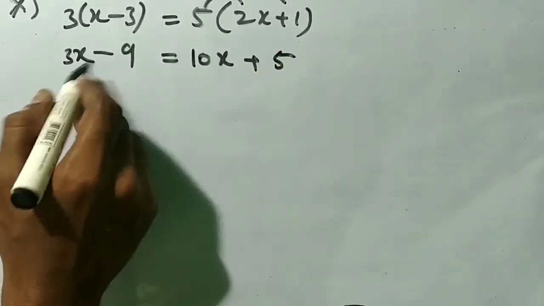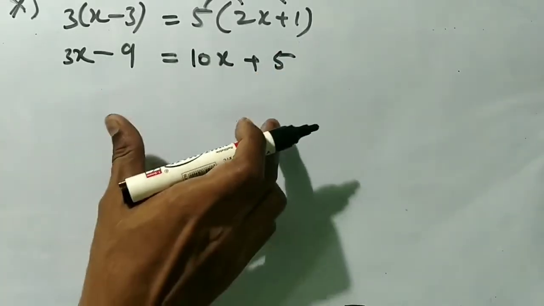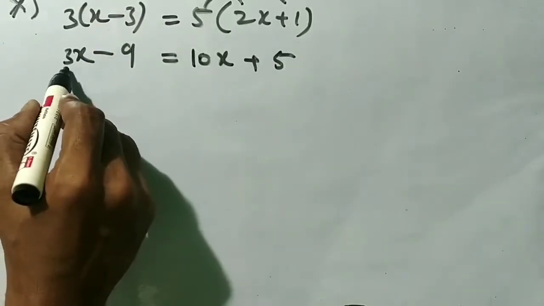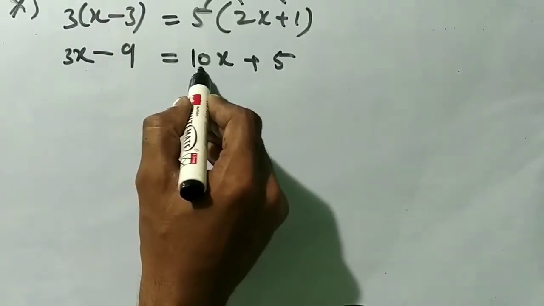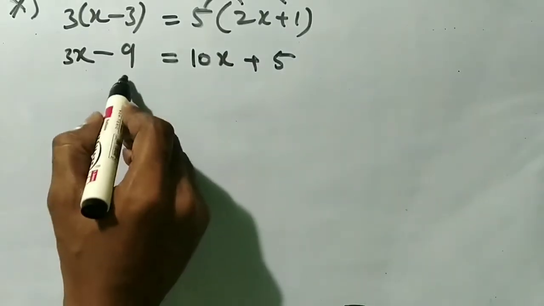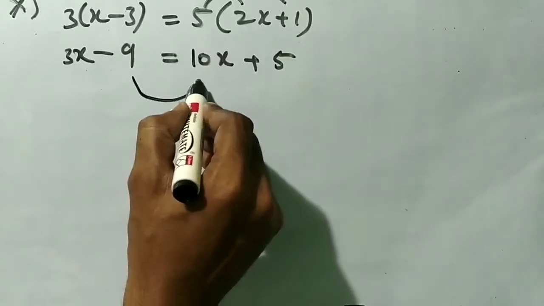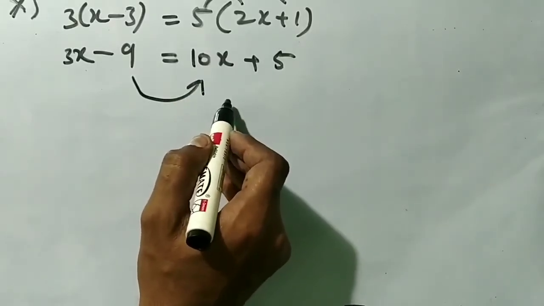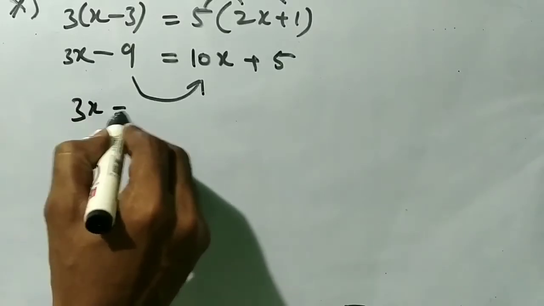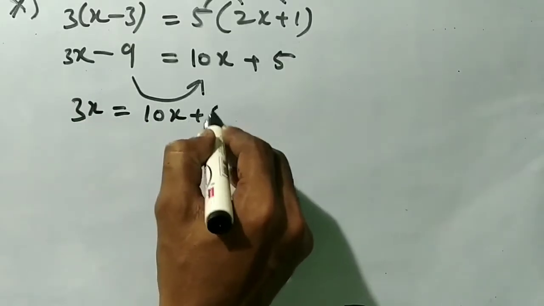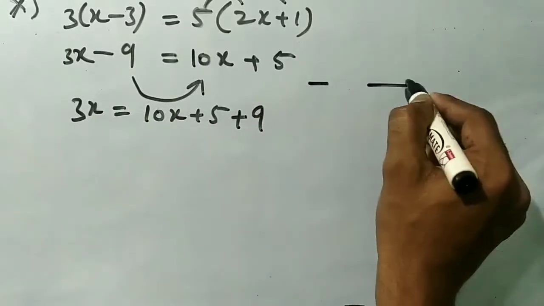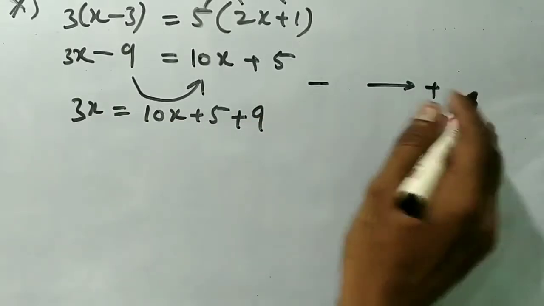So we got different equations on the LHS and RHS when compared with the question. So 3x minus 9, 10x plus 5. We do one thing here: minus 9, when it goes to the right hand side, becomes plus 9. 3x is equal to 10x plus 5 plus 9, because minus becomes plus when it goes to RHS.